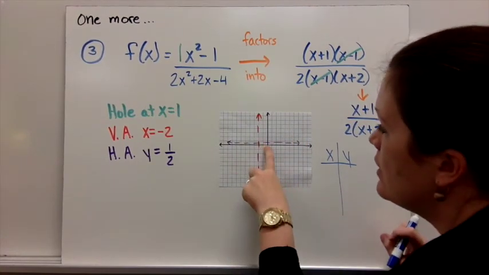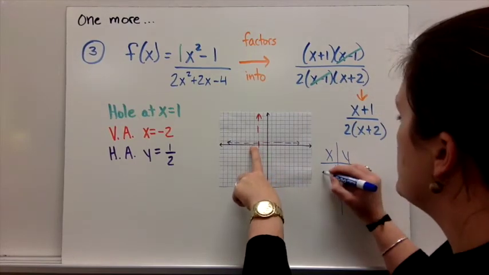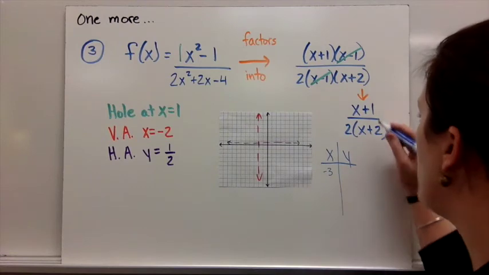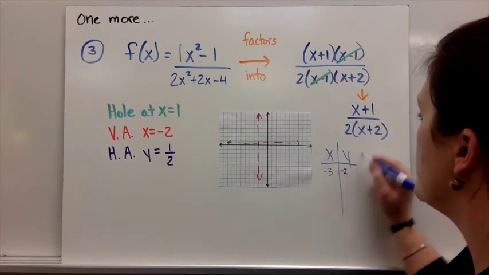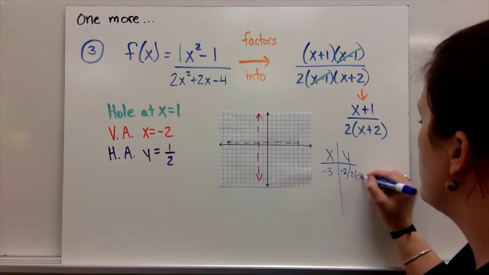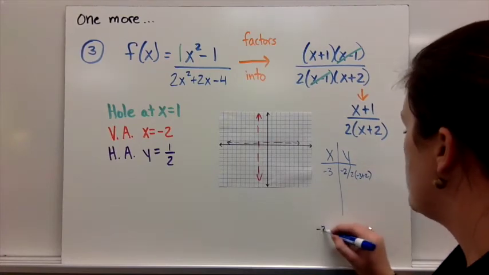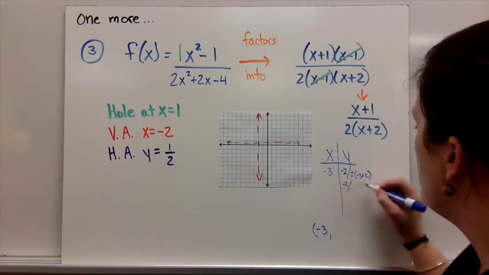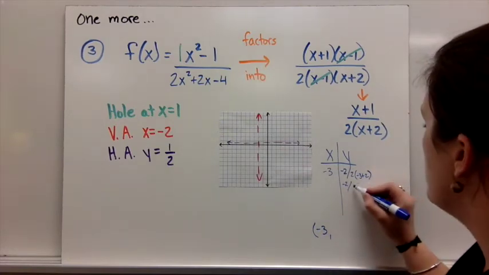So if I go -1, 2, 3, let's say x equals -3, and I plug it in the simplified form, I would have -3 plus 1 in the numerator is -2 divided by 2 times -3 plus 2. So let's see, that would be -3, and then -2 over -3 plus 2 is -1. 2 times -1 is -2.